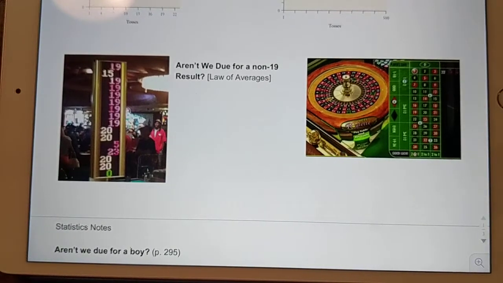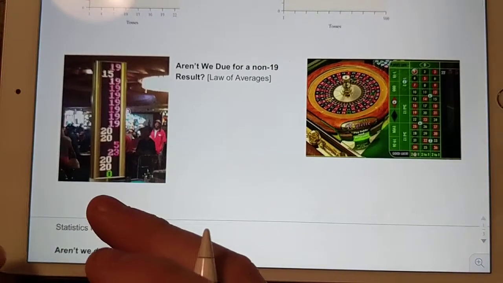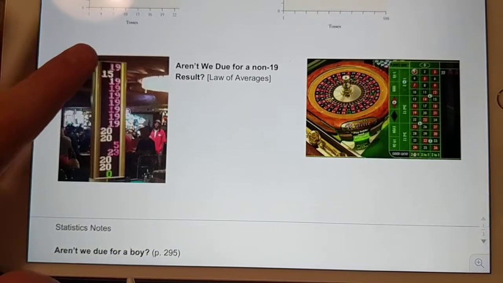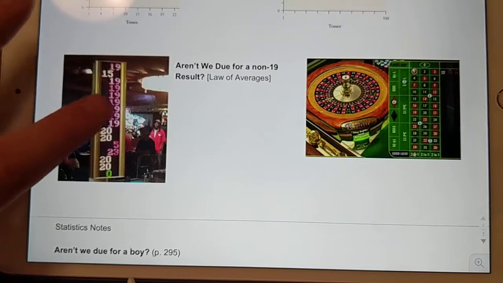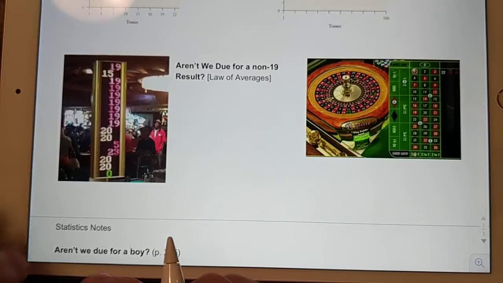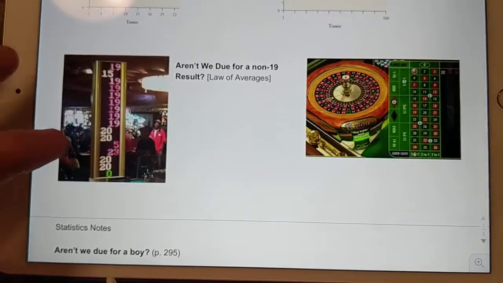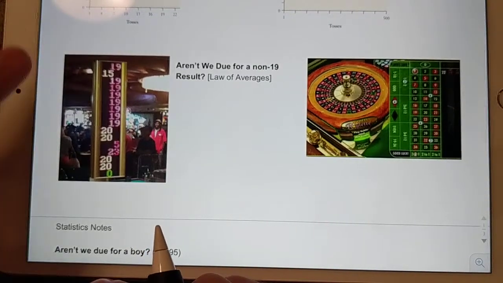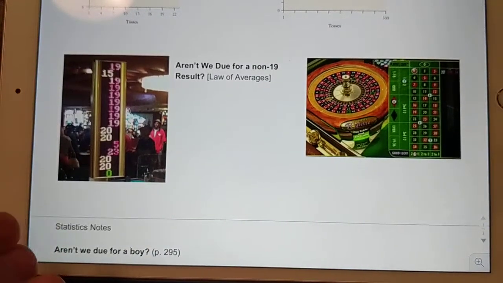And in reality, short-term, unpredictable behavior. You could get another 19 here, and it has nothing to do with any of the previous rolls here. They put this up here, for example, if this were all red for the past 10 numbers, someone might say, okay, I'm going to put all my money on my blacks.